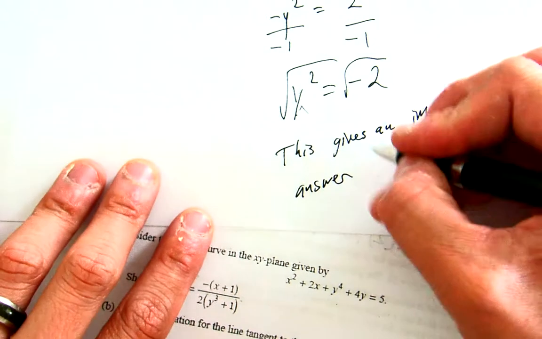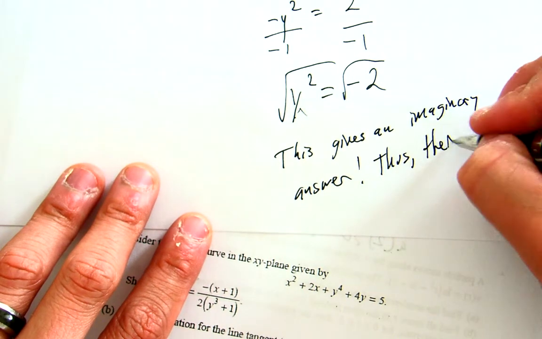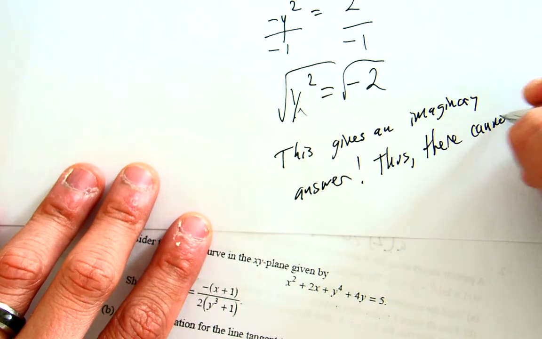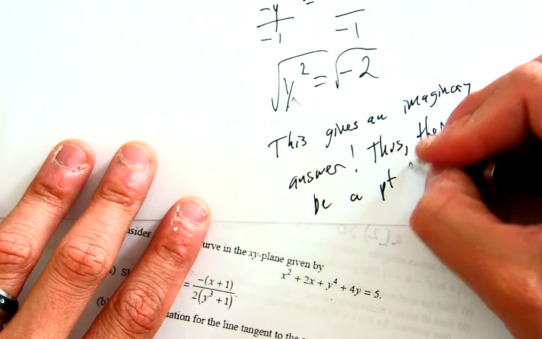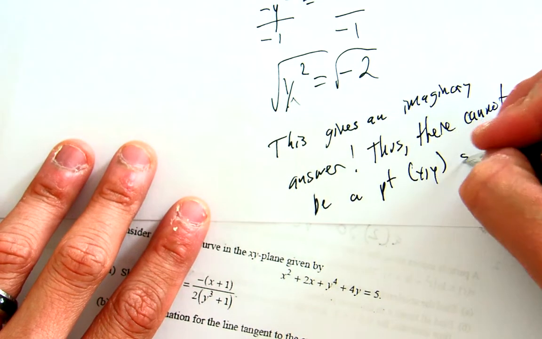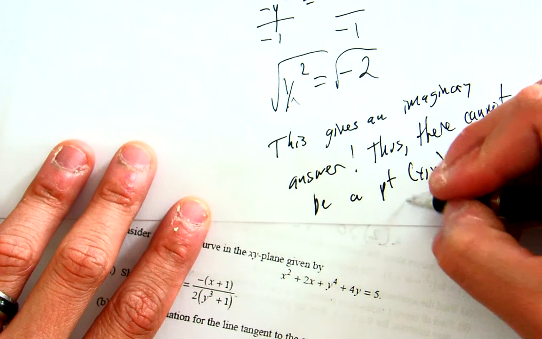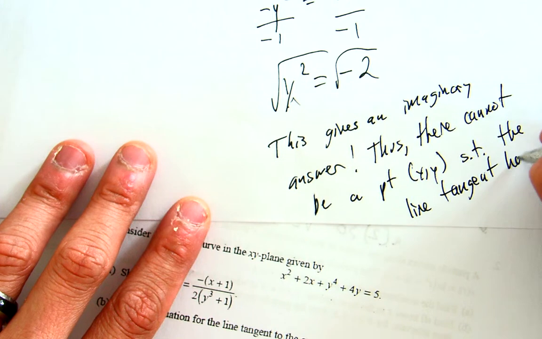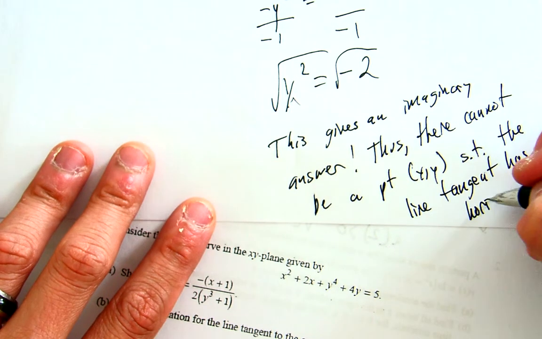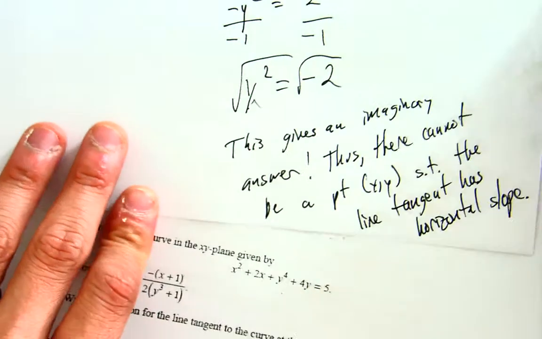So this gives an imaginary answer. Thus, there cannot be a point x, y such that the line tangent has horizontal slope. Okay? Alright, this would be the answer here.